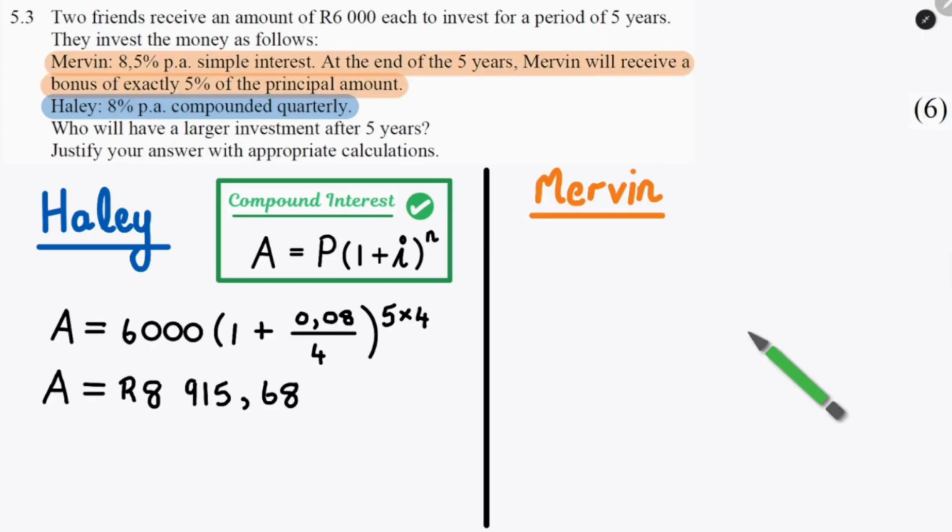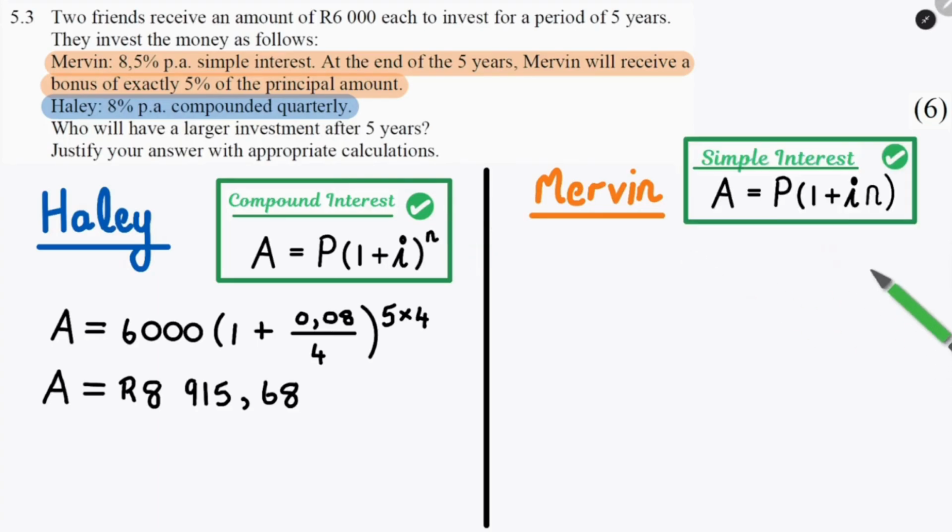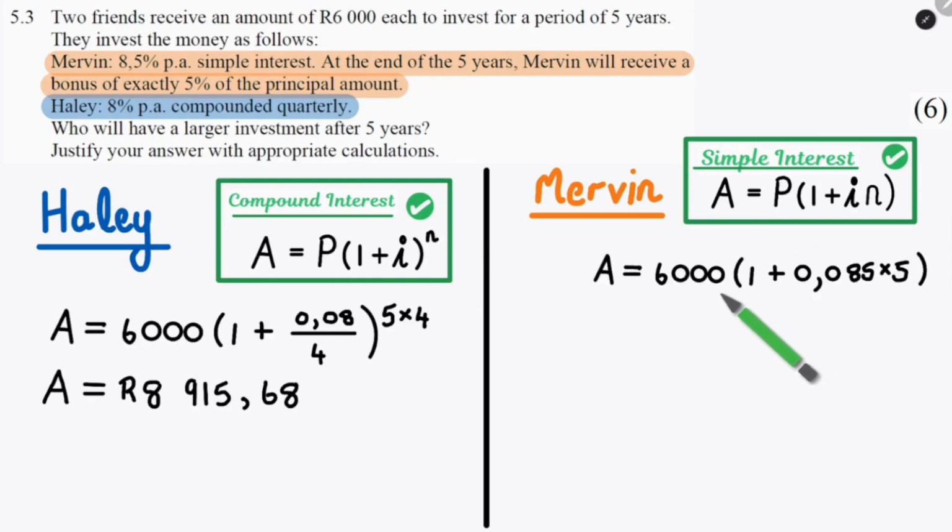For Mervyn, we're going to be using simple interest, so let's grab the simple interest formula and pop in our values. 6,000 bucks, and then 1 plus the investment rate for Mervyn, which was 8.5%, so don't forget to divide that by 100, and we're going to multiply that by 5 years. Pop that into our calculator, and we get 8,550 Rand.